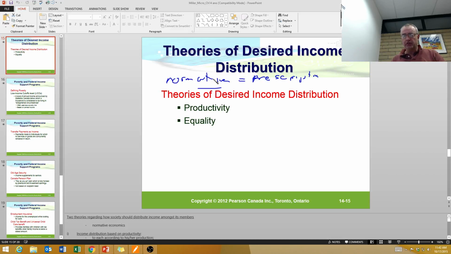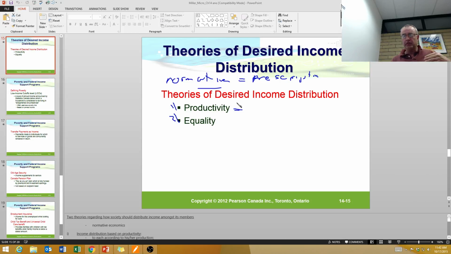So the book presents two different views of how income should be distributed in society. First is based on productivity, and second is based on equality. The principle for the first one, income distribution based on productivity, is basically to each according to his or her production.